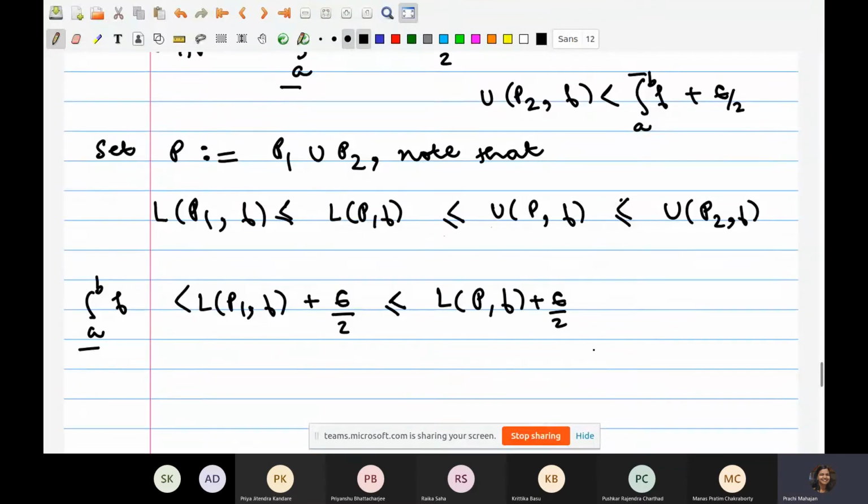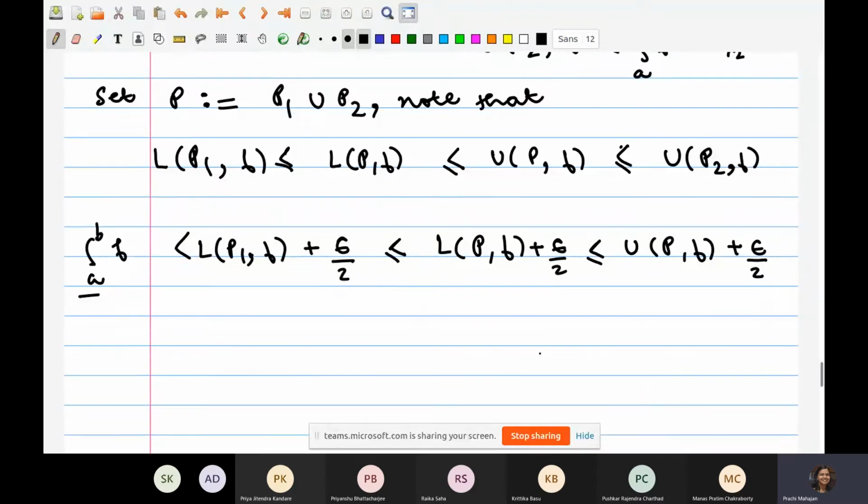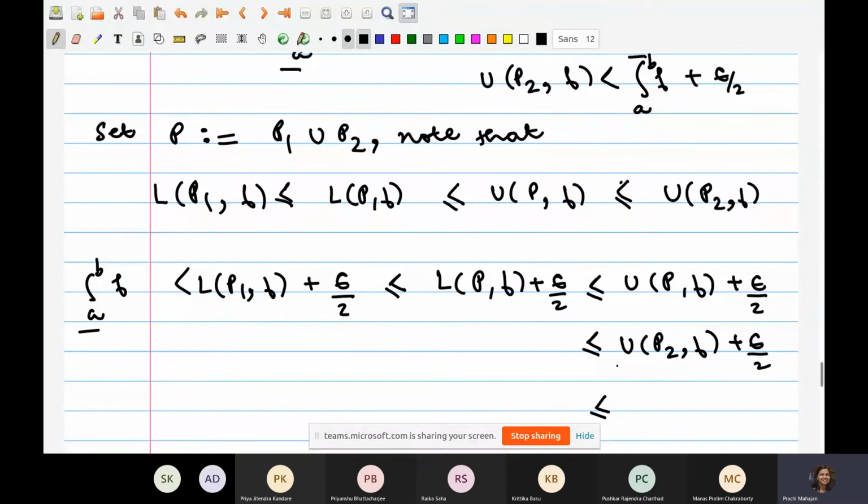Now this term here is bounded by the upper sum corresponding to the partition P plus an epsilon by 2. Now, the last term in this chain of inequalities is bounded by the upper sum corresponding to the partition P2 plus epsilon by 2. But the way the partition P2 was chosen, the upper sum corresponding to the partition P2 is bounded above by the upper integral of the function f plus epsilon. Is that okay?